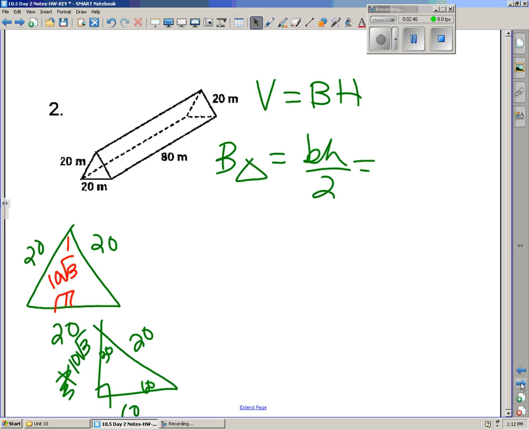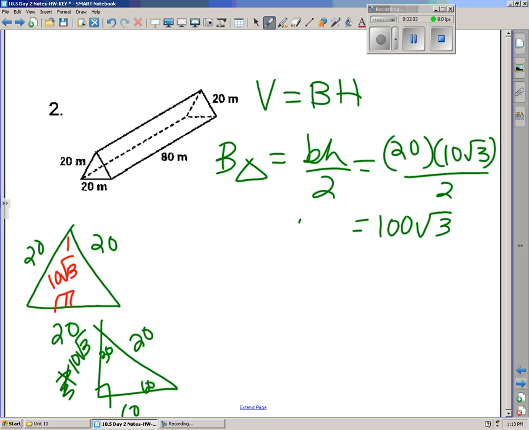So when I deal with the base and height of my triangle, my base is still 20 and my height is 10 rad 3. Divide that by 2, and I get 100 rad 3 for the area of the base. The height of the solid is that edge that connects triangle base to triangle base, which is 80.